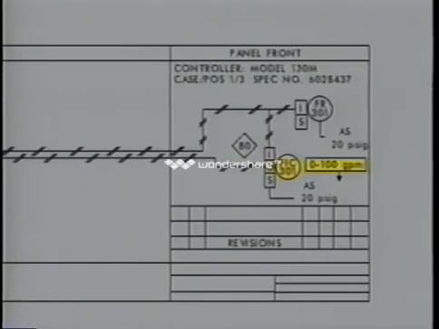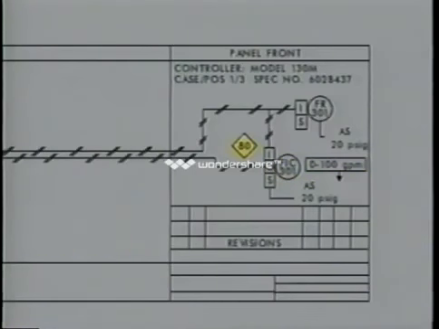In this instance, the range indicated at the controller is 0 to 100 GPM. That means the system is designed for a range of 0 to 100 gallons per minute. Being able to locate and interpret this information from the loop diagram can save you a lot of time when repair or maintenance is required.